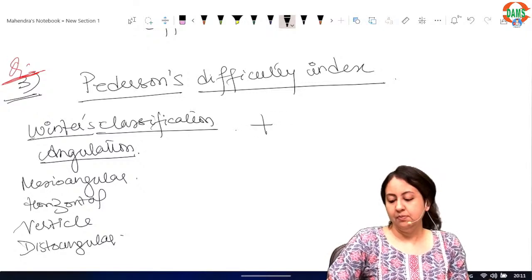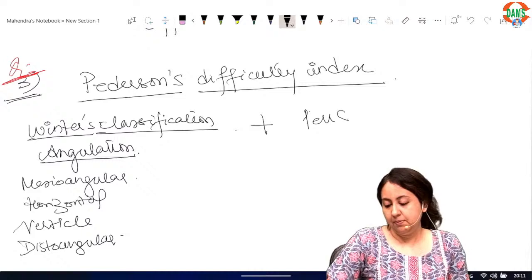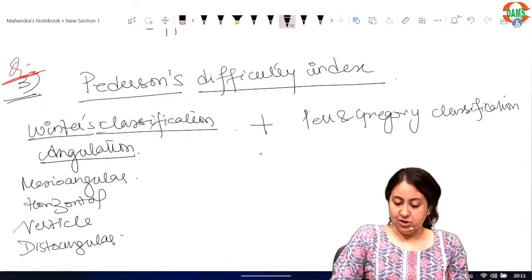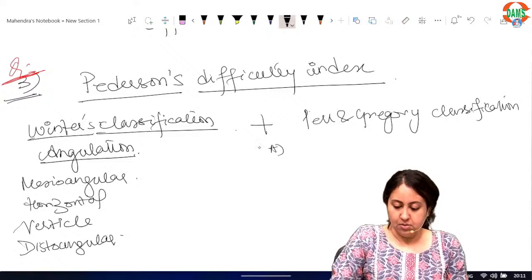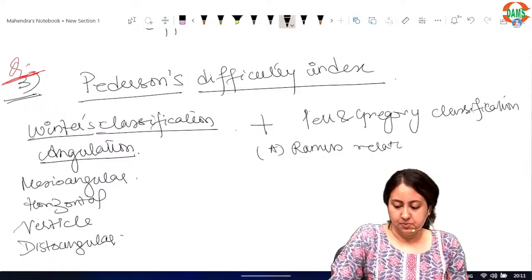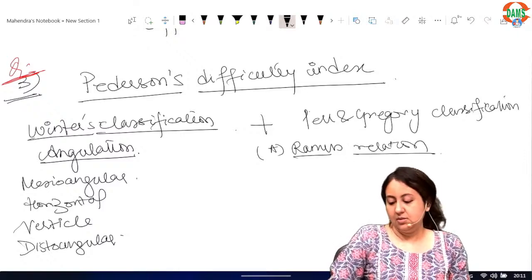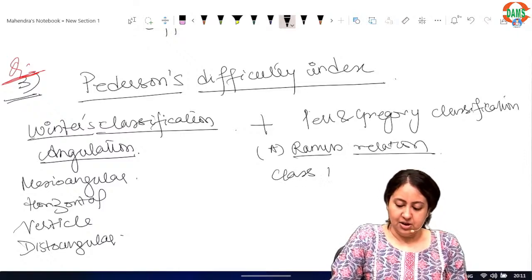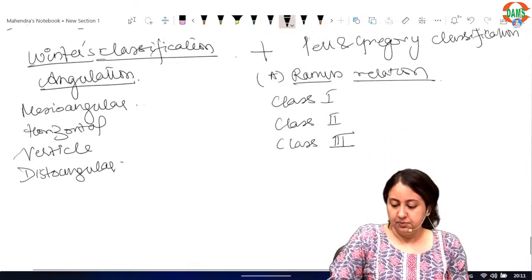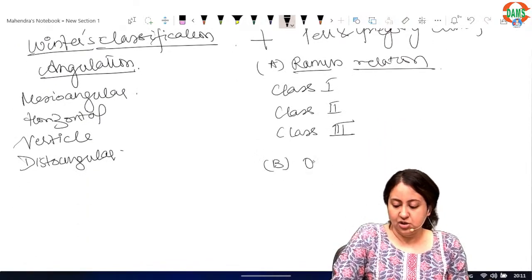Okay. Plus Pell and Gregory classification. Now in this, the first component was your Ramus relation, and this is nothing but your class 1, class 2, class 3, and the next is occlusal relation.